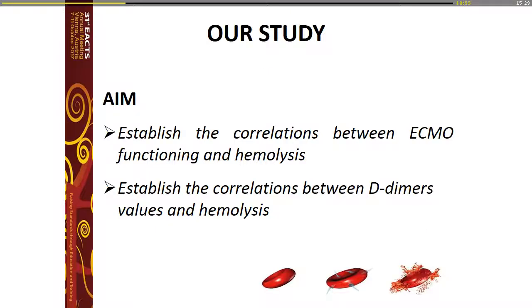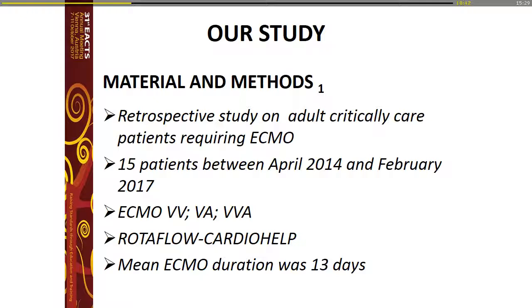The aim of our study was to establish the correlation between ECMO functioning and hemolysis, and to establish the correlation between D-dimer values and hemolysis. It is a retrospective study on adult critical care patients who required ECMO, 15 patients between April 2013 and February 2017.